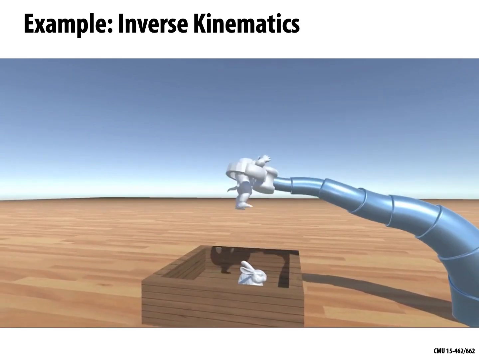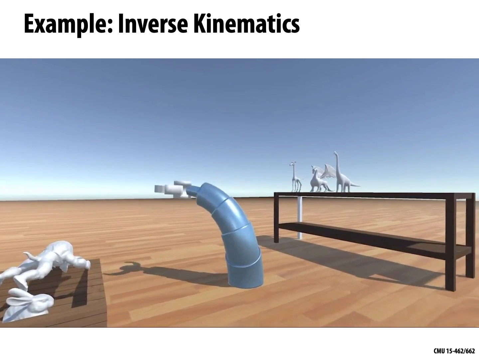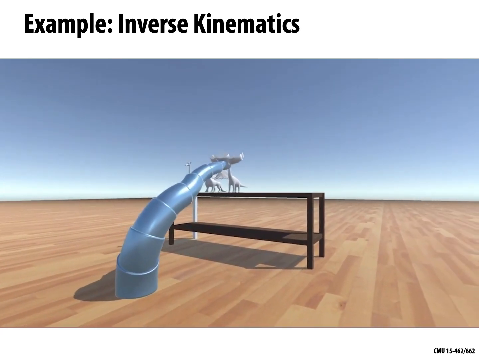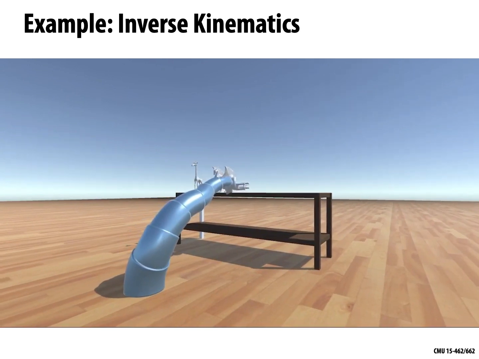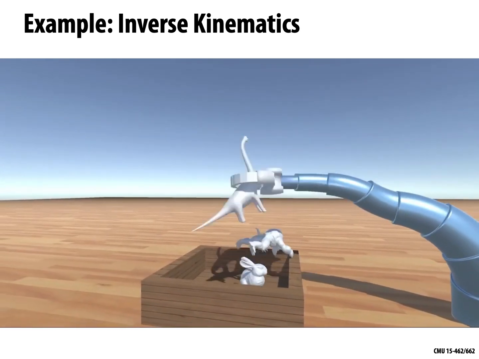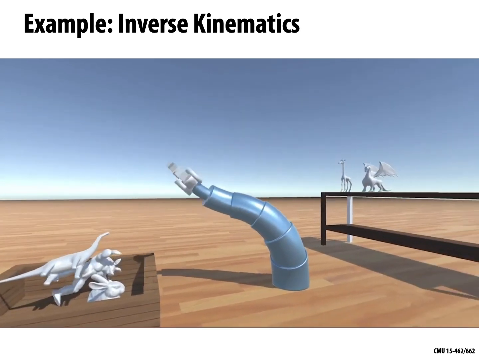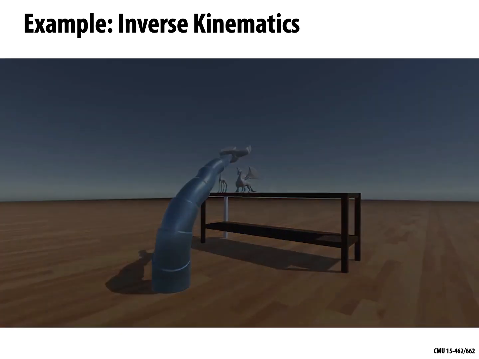So the idea behind inverse kinematics is to say, actually, I just have a simple goal for my character. In this case, I simply want the robot arm to go and touch one of the dinosaurs or grab one of the dinosaurs. Once it's done that, I want it to go put it in the box. And I don't want to have to set up all those little joint angles on this telescoping arm myself. That would be a huge amount of work.